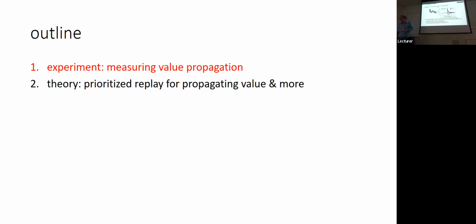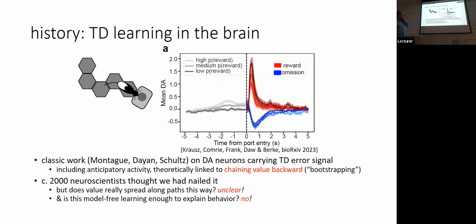Okay, so historically, of course, the most famous single way of thinking about this problem, that goes back to the 90s to Dayan, Wolfram Schultz, Montague, is this temporal difference learning model, right? And so it was observed that dopamine neurons in initially the primate midbrain, but this is that same rat that you just saw.